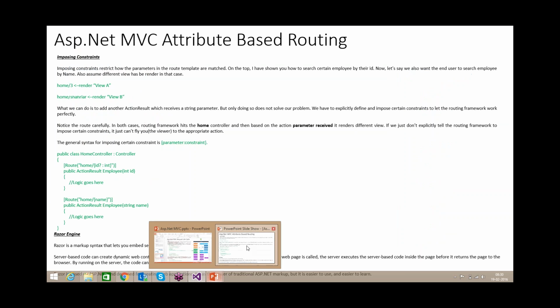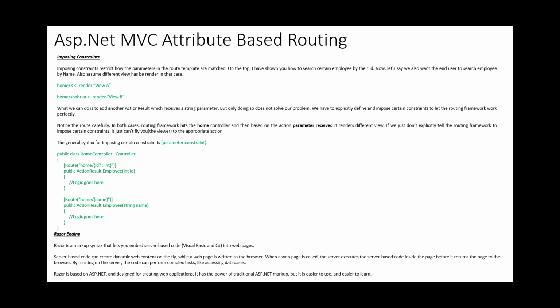Tomorrow we'll discuss the Razor engine. We'll start with the Razor engine. This is not a big deal. This is just like our C sharp. Razor is a markup syntax that lets you embed server side code into web pages, meaning Visual Basic or C sharp code you can embed into your view pages. A view means that CSHTML page.